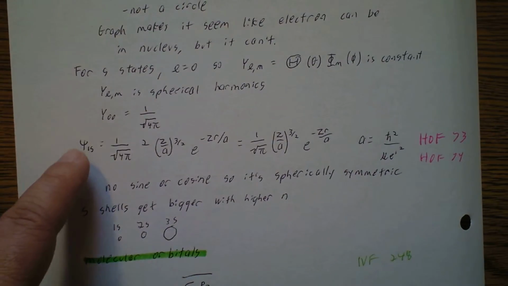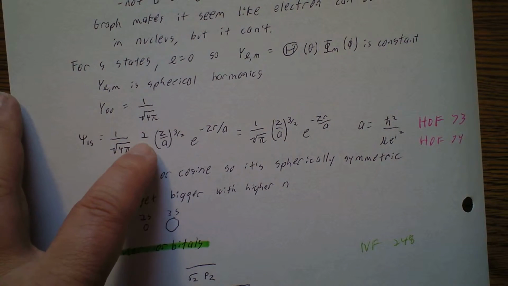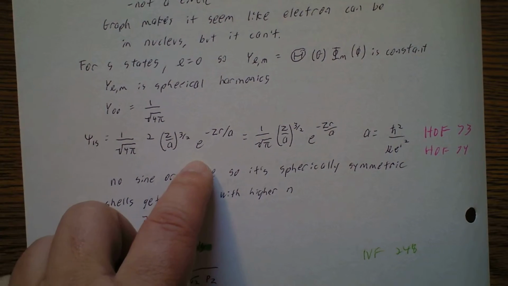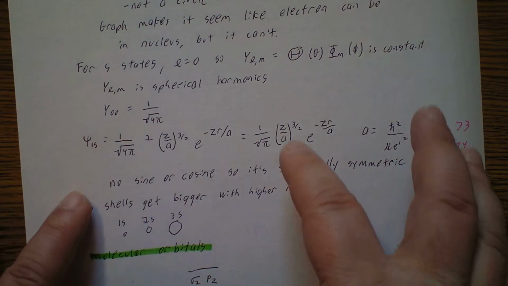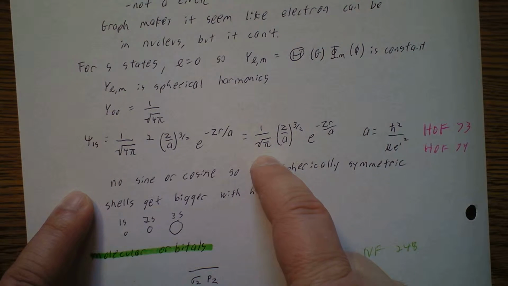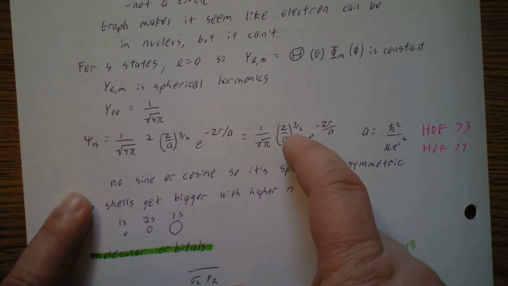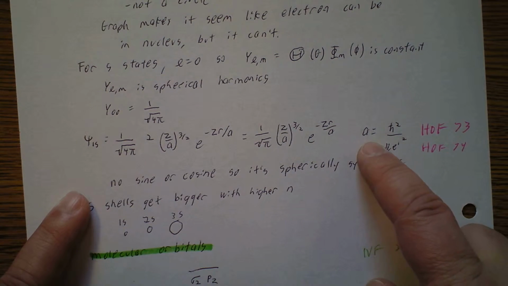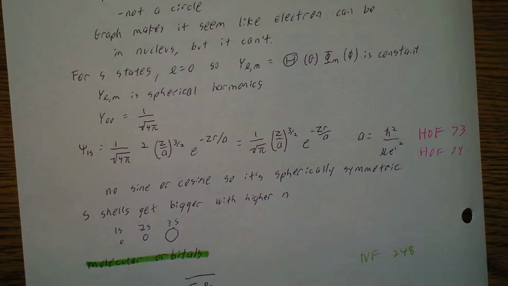So we have the psi of the 1s orbital is equal to 1 over the square root of 4 pi times 2 times Z over a to the 3/2 times e to the minus Zr over a. That's equal to 1 over the square root of pi times Z over a to the 3/2 times e to the minus Zr over a. Oh yeah, that was squared. Did I write that wrong? And again, a is equal to h bar squared over mu times e prime squared.